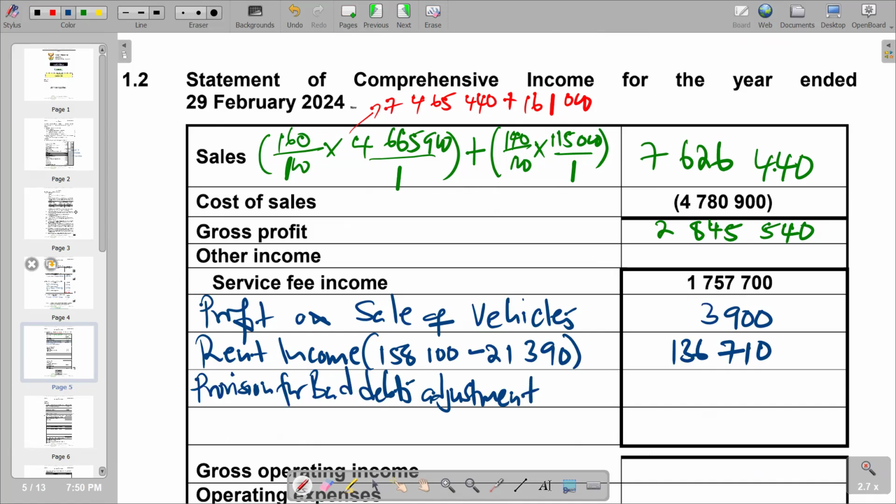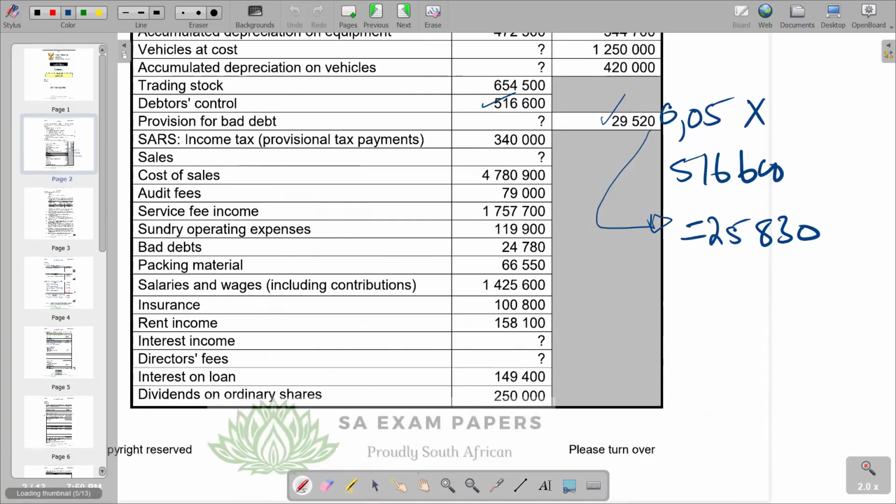With the figures that we have, remember we said 29,520 minus 25,830.